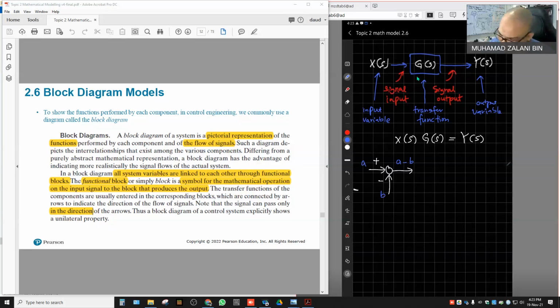We can also consider another point, for example if I draw it like this. This is what we call the branch point.